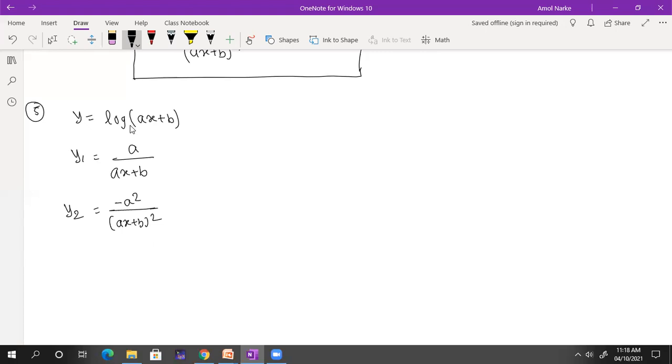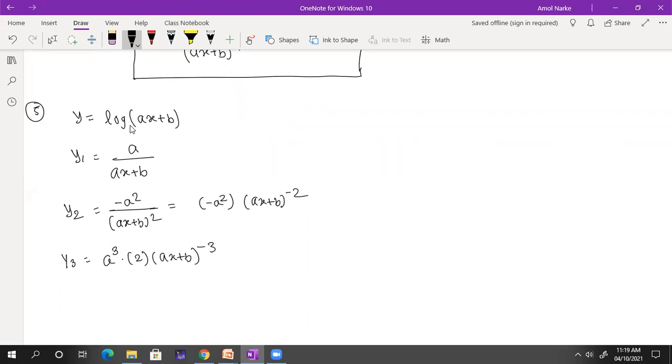What is y3? You can write this for your simplification as a into ax plus b raised to minus 1, and differentiating, y3 is a cube into 2 into ax plus b raised to minus 3.